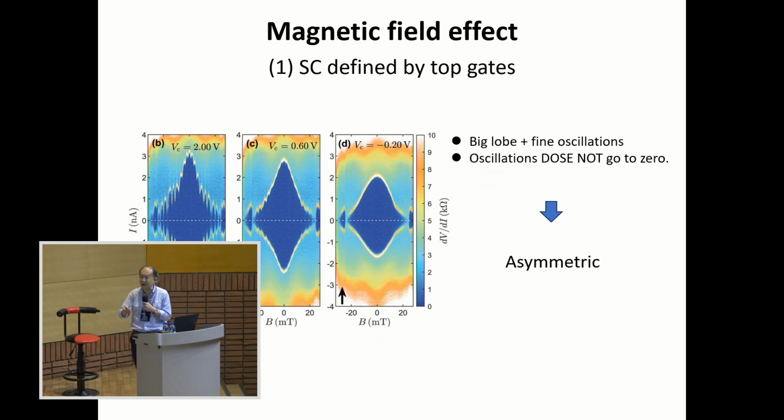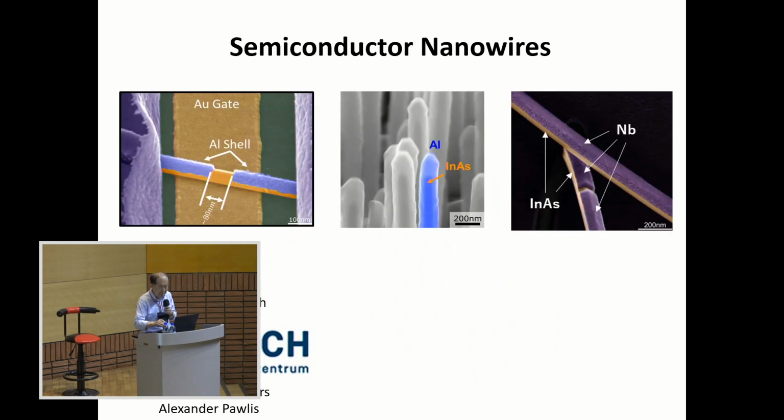But anyway, this is the experimental observation. The supercurrent as a function of magnetic field shows such complicated behavior that we do not know how the current is distributed in the junction. We can discuss it, but finally, I just want to tell you about another project with semiconductor nanowires.